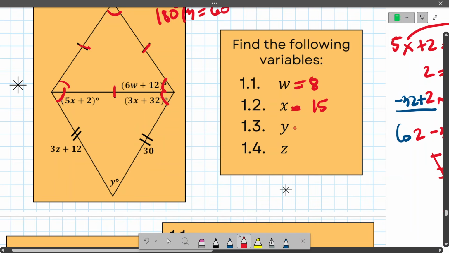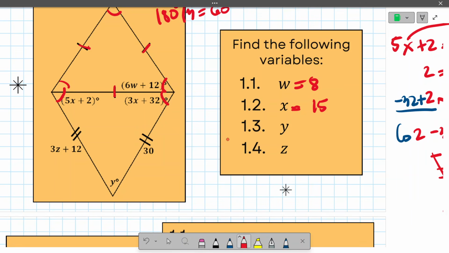Ngayon, the Y. Saan si Y? Y is here. We know that this expression, this X here is already found, which is 15, correct? To get the measurement of this angle here, substitute lang natin si X by 15.